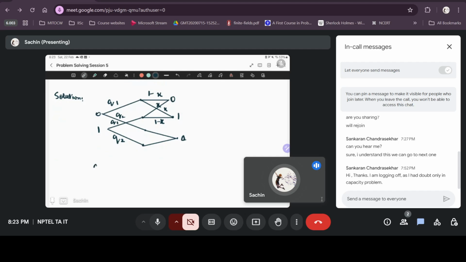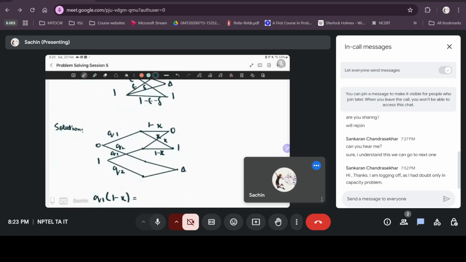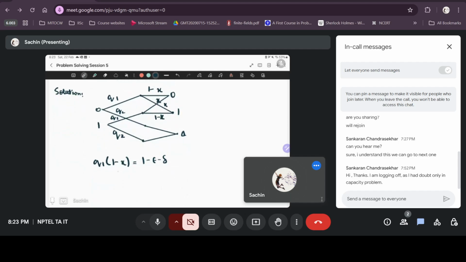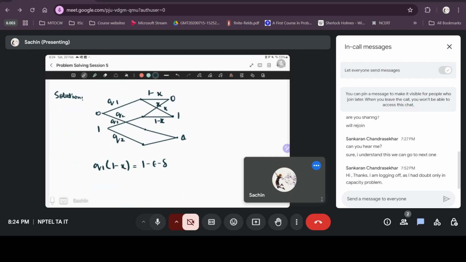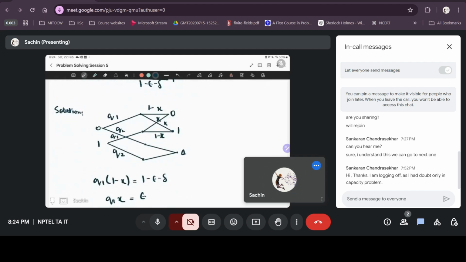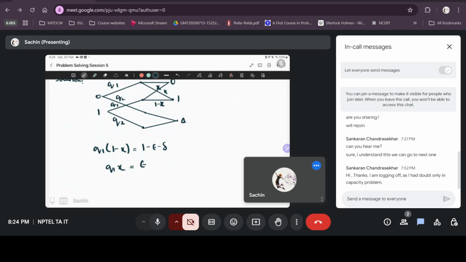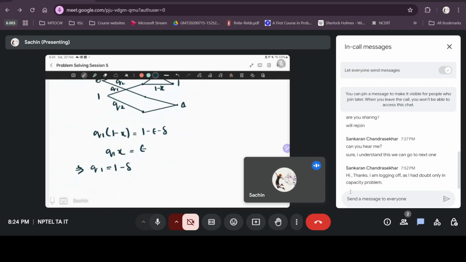Now we need Q1 times 1 minus X is equal to 1 minus epsilon minus delta, and Q1 X is equal to epsilon. So Q1 is 1 minus delta, and X is epsilon over 1 minus delta.